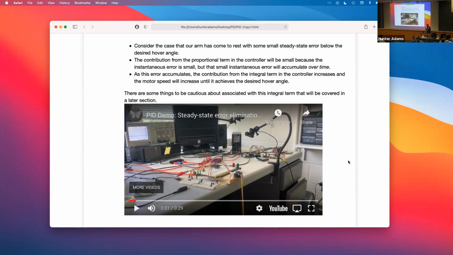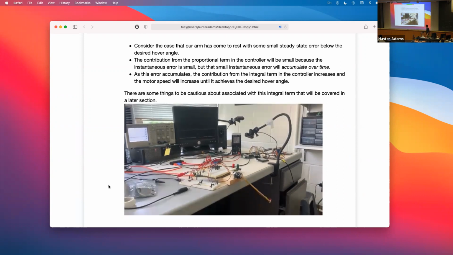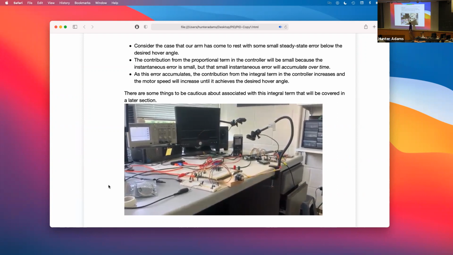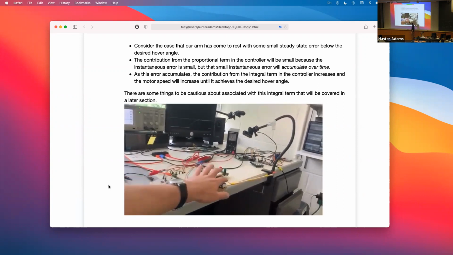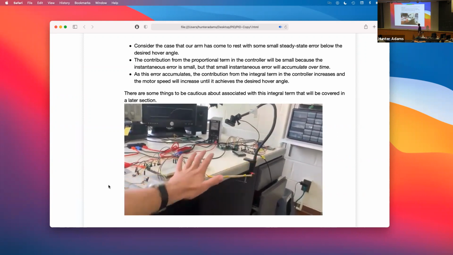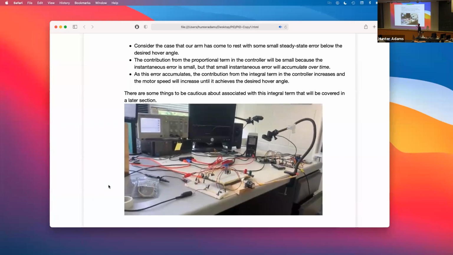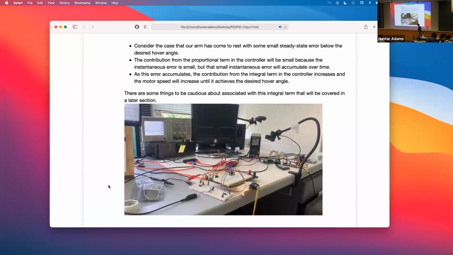And then slowly the integral part sums up over time and increases the control of the motor, pulling it up to the commanded 90 degrees. This is what that looks like. So it's getting pulled up and up and up. And on the VGA in the back, you can see it approaching the commanded hover angle. And if we bump it, it'll oscillate pretty substantially, but then it will damp out and go back to the desired angle.